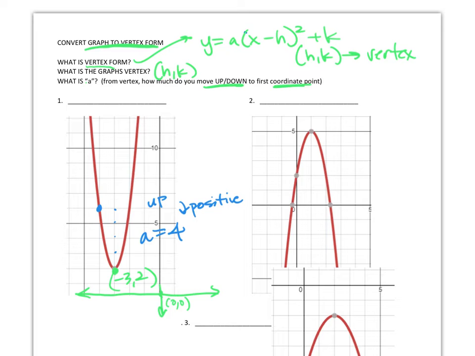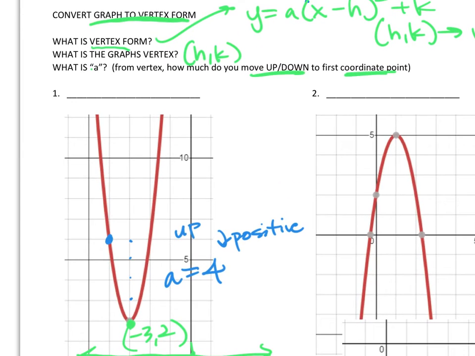Okay, how do we write all that? Y is equal to, our a was 4, our vertex is x minus, do you see how that h value, we're subtracting that value, which is basically the same thing as changing signs, and our k was a plus 2.